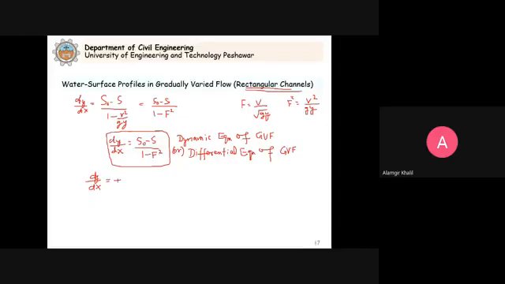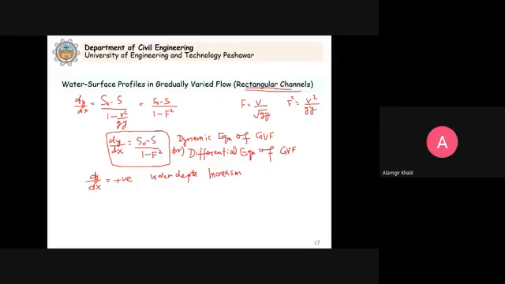If the overall sign is positive, then it means that water depth will be increasing along the channel. This is important.